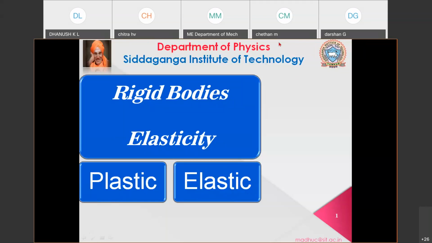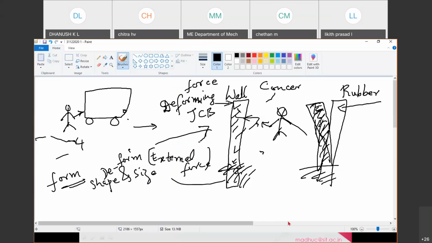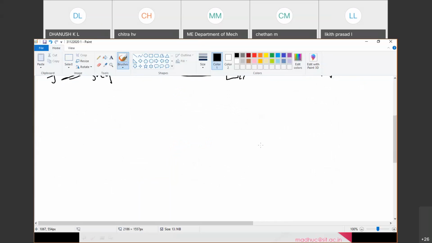Polythene. Nylon. PVC pipe. Nylon. Metal. Which metal?